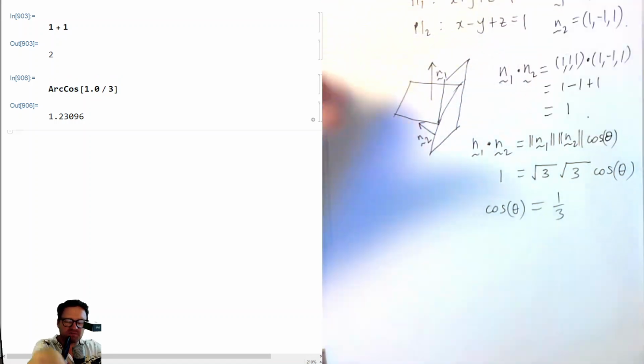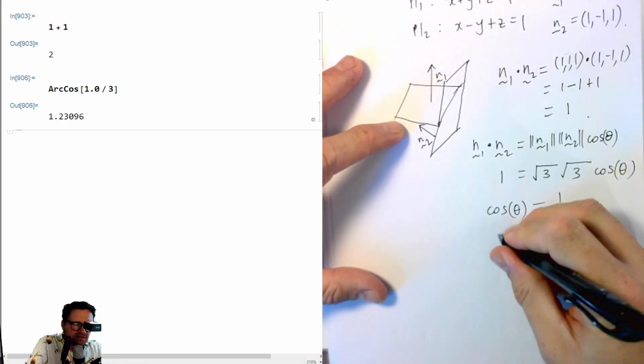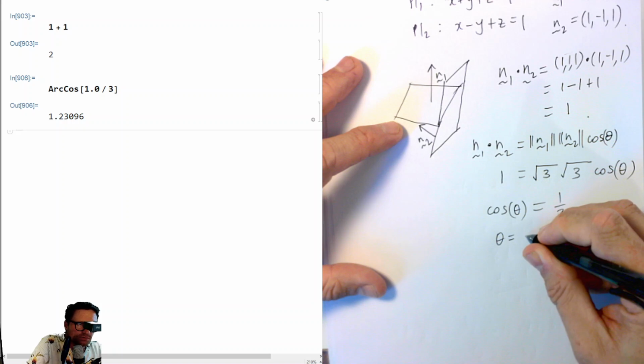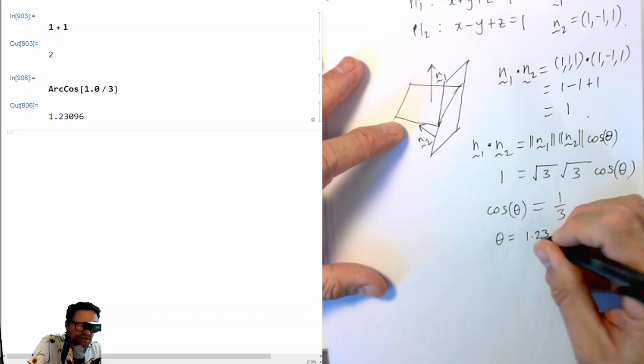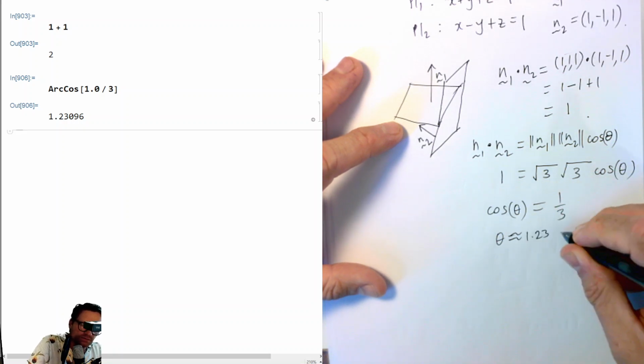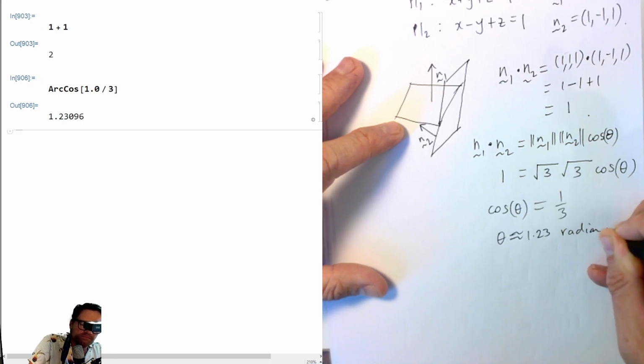This is going to give me that answer in radians. So theta is approximately equal to 1.23 radians.